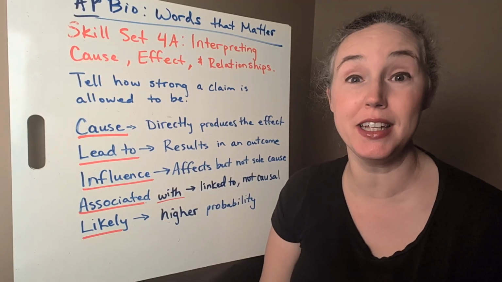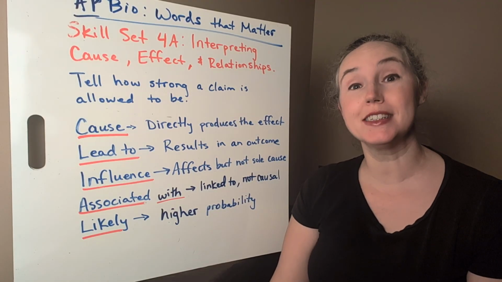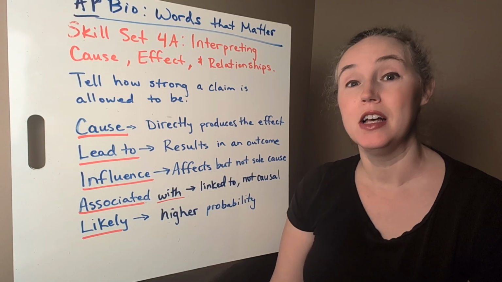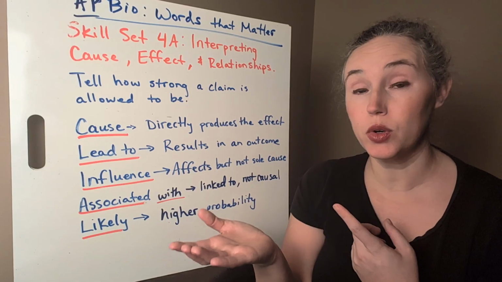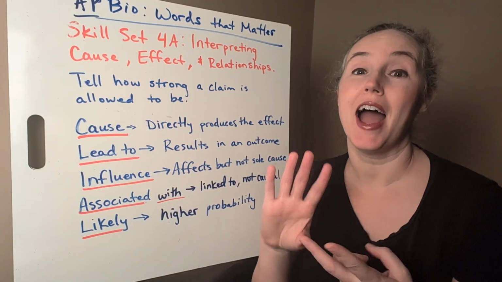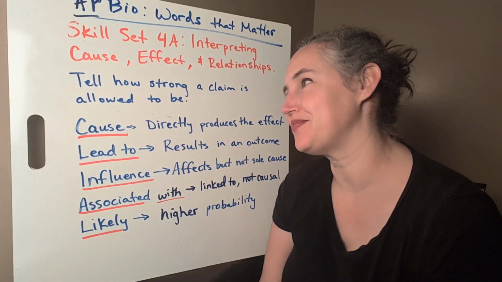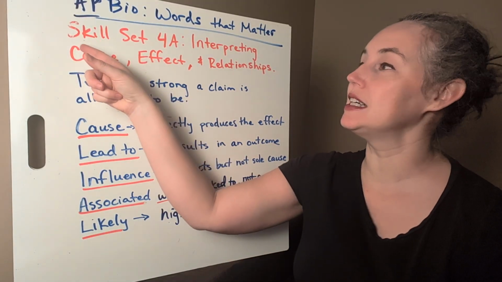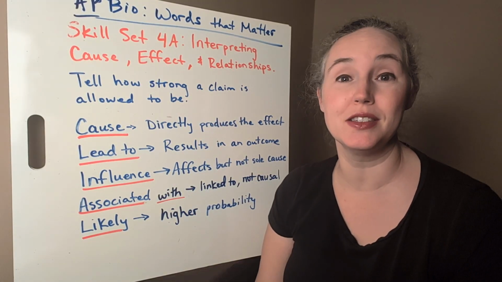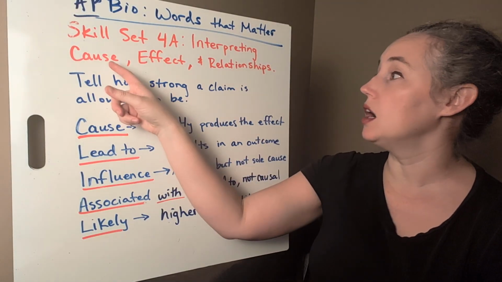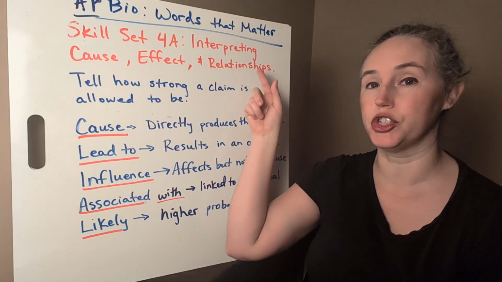In this series, we decode words that you're going to see on the AP Biology exam so that you can understand what the question is asking and how to choose the best answer or write the best answer to earn the most points. Today, we're looking at the first 5 words in skill set 4, interpreting cause, effect, and relationships.